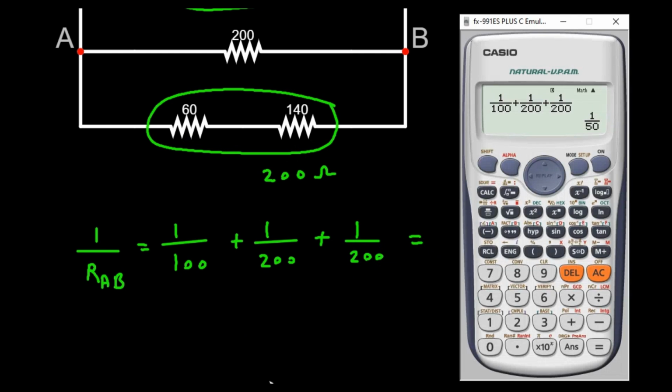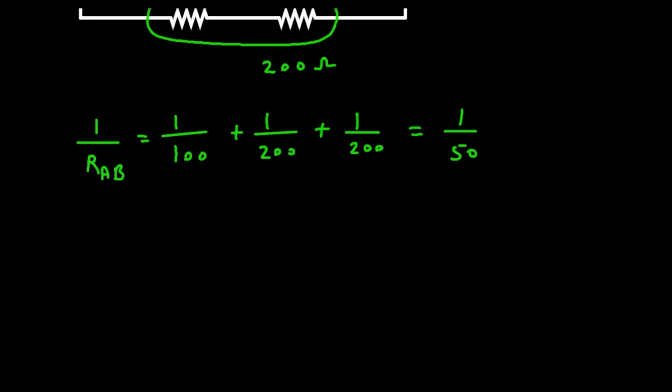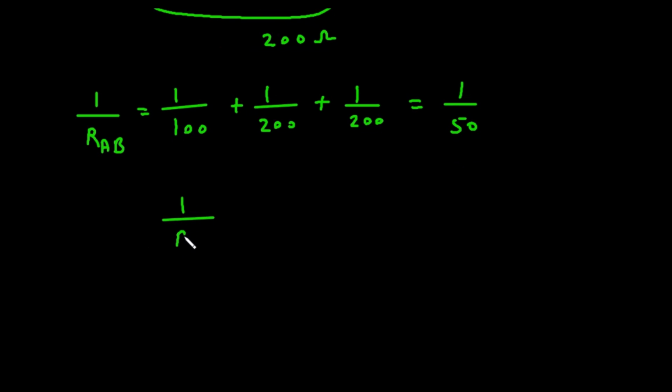So if we solve this, we get 1 upon 100 plus 1 upon 200 plus 1 upon 200 is 1 upon 50. So 1 upon 50 is the value of 1 upon RAB. But here we have to find the value of RAB. So RAB will be equal to 50 ohm.